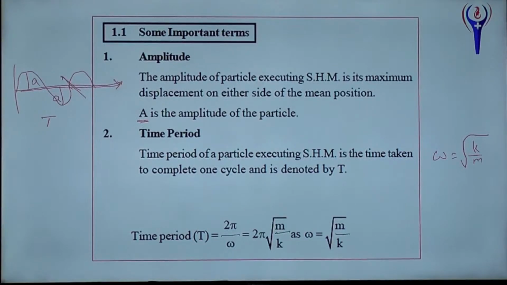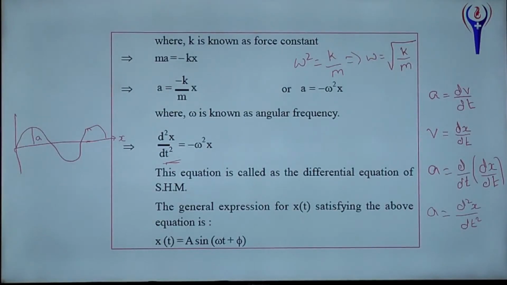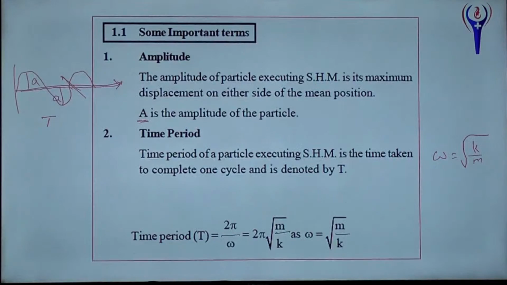See, omega equal to root of k by m, that we are substituting here. T equal to 2 pi by omega, so 2 pi into root of m by k. So T equal to 2 pi into root of m by k, that is the time period. The unit of time period is second. What is the unit of amplitude?